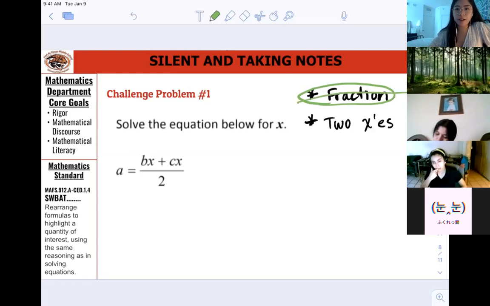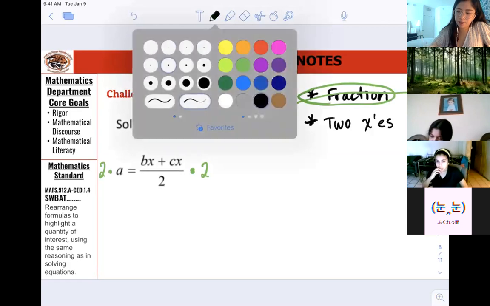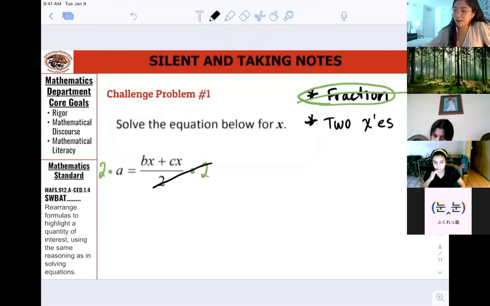Okay, and just like before, we always multiply by the denominator. So all I'm gonna do is multiply by 2 on both sides. When you do that, it eliminates the fraction, so it gets rid of the denominator. And then on the right side, it's just gonna be 2a. Okay.